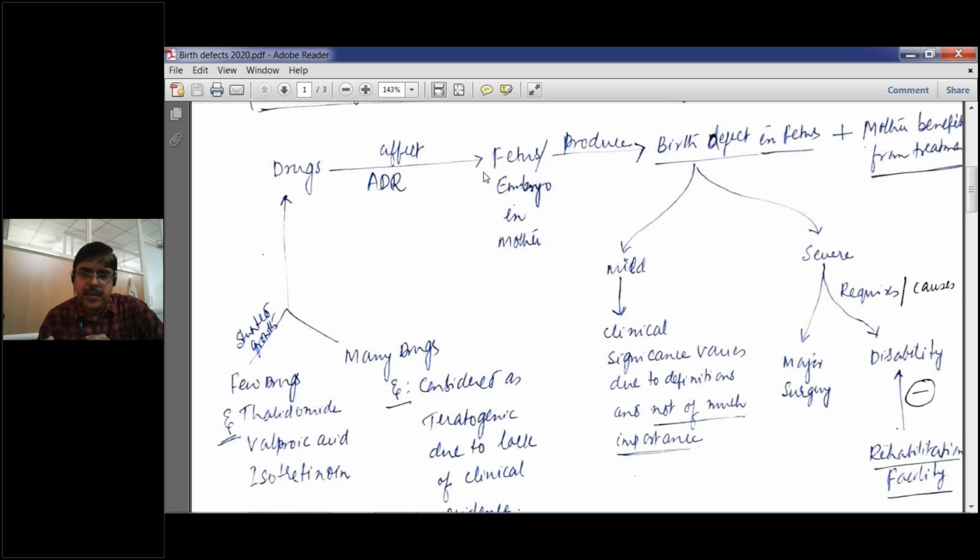But some drugs are less potent initially, but subsequently they are very potent. Either when the drugs produce the effect at the embryo stage or at the fetus stage, the birth defect is going to be seen in fetus. That is the shape it takes after childbirth.